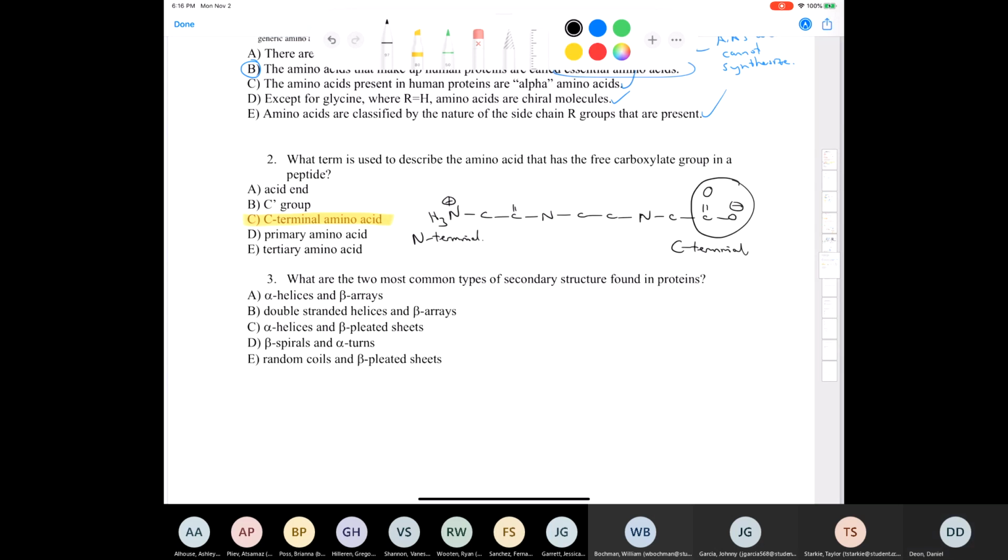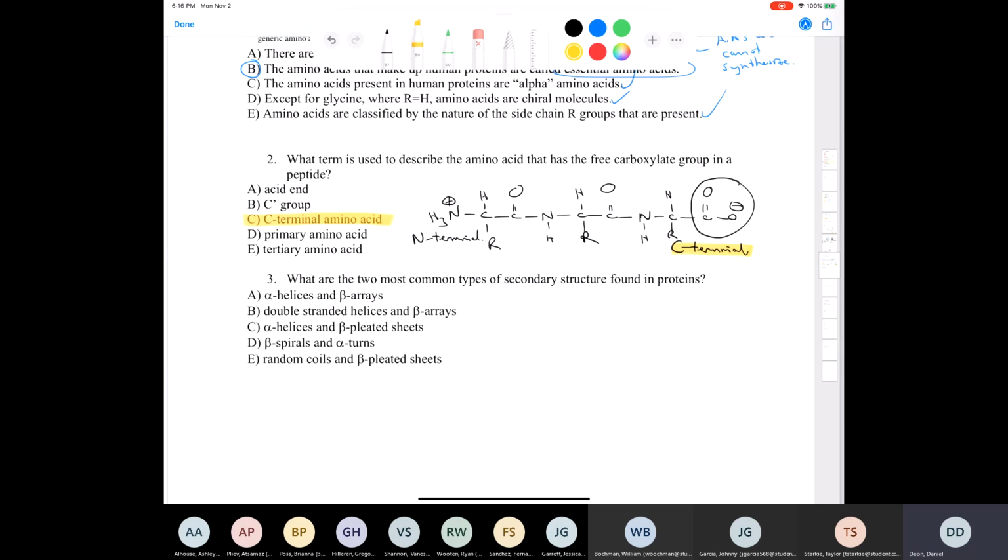You can fill in the rest of the molecule if you want. I hope you've all been practicing drawing your alpha amino acids so they have different R groups like this. Anyhow, you get the idea, so we call that the C-terminal amino acid.